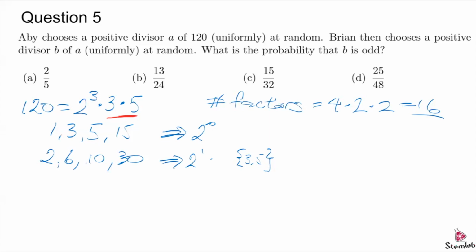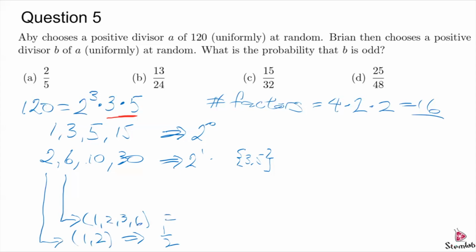Okay, for the case where it's 2, I'm going to write it all the way down here. The factors of 2 are 1 and 2. So in this case, Brian has half a chance of picking B to be odd. For the case where it's 6, the factors of 6 are 1, 2, 3, and 6.